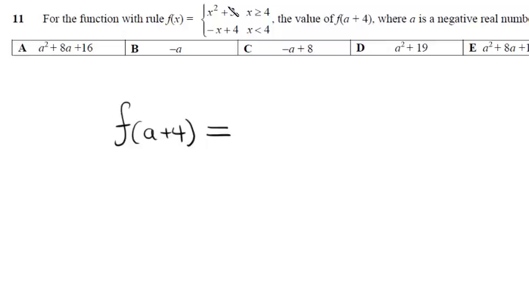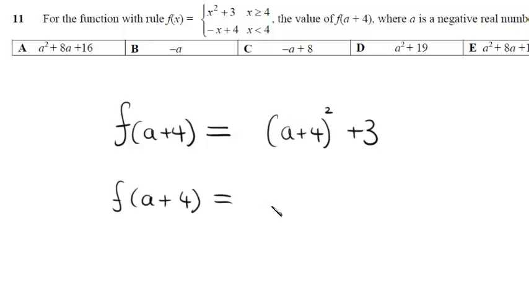If you use that one, then you plug in a plus 4 into the square and then plus 3, right? Or is f of a plus 4 using the bottom equation, a plus 4 plus 4? Is it going to be this or this?